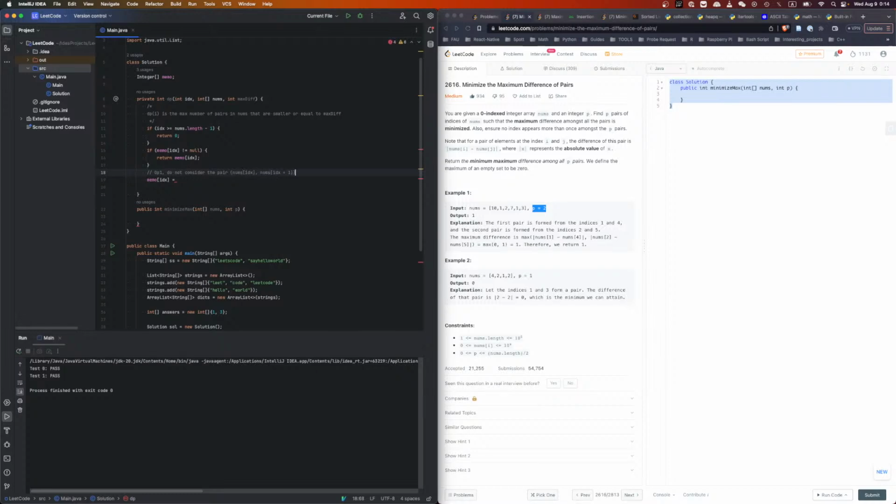If I do not consider the pair, then that's going to be dp[index + 1], nums, max diff. Right? Option 2, consider the current pair. Okay?